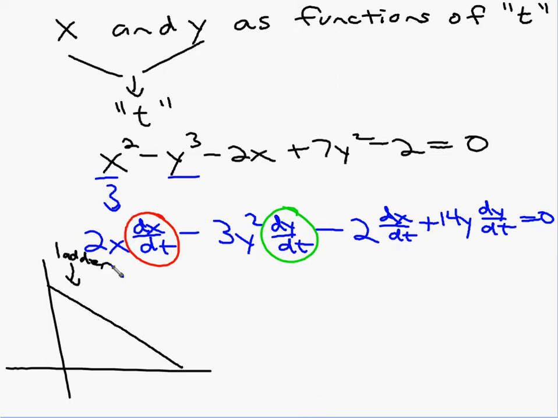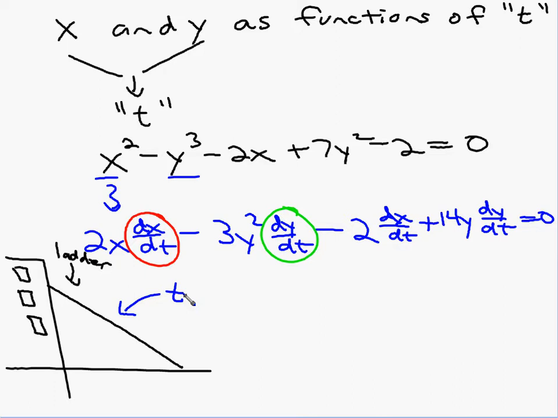If a ladder is leaning against the building, let's say this is my building over here, if a ladder is leaning against a building and it starts sliding down the building, can you answer me this question? Does the length of the ladder ever change? No. Okay? The length of the ladder never changes, so we would call this T.